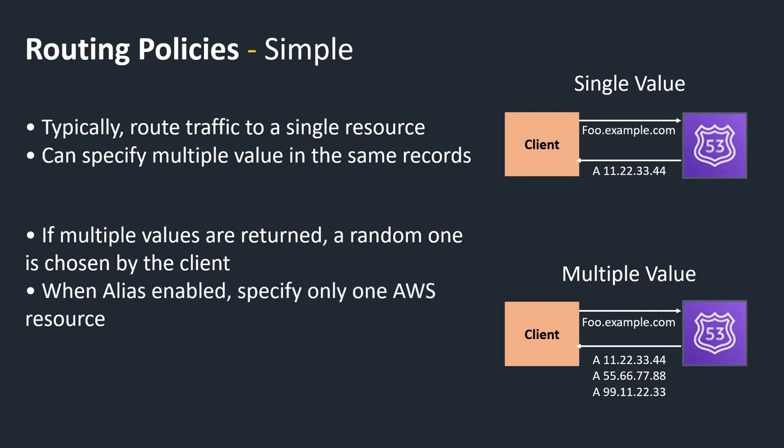If you have enabled an alias record alongside the simple policy, then you can only specify one AWS resource as a target. And finally, it's called simple because it's very simple, and therefore you cannot associate this with health checks. So this is what the simple routing policy is.